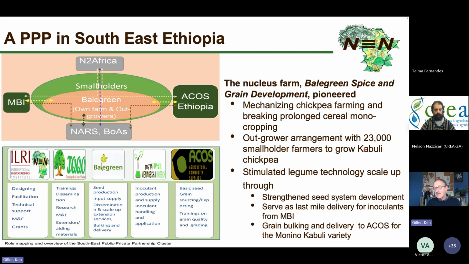Working in these areas with agro arrangements, we could work with up to 23,000 farmers to grow these Kabuli seeded varieties for export. Working through these public-private partnerships gave us a wonderful scaling model for some of the best technologies.